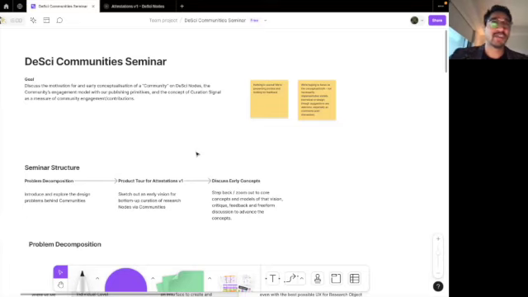We're going to be talking about a new concept, which is frankly in its very early stages, that we're calling communities or DeSci communities. The goal for the seminar is to present that early conceptualization through a product prototype, discuss the motivation behind a community, and think about its engagement model with some of the publishing primitives that we have, like research objects and attestations and annotations that we've discussed before.